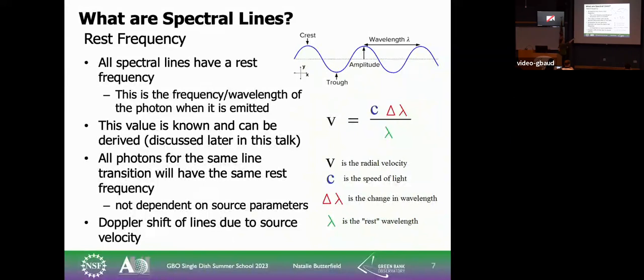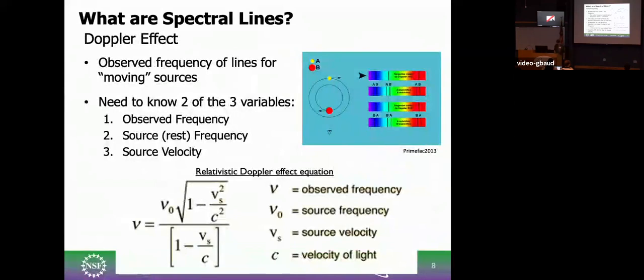That's basically how your wavelength changes depending on your source velocity, and then the rest frequency or rest wavelength of your source. So now let's put this into perspective. What this means is that for sources that are moving, the observed wavelength you're observing through your telescope is dependent on the velocity of your source.